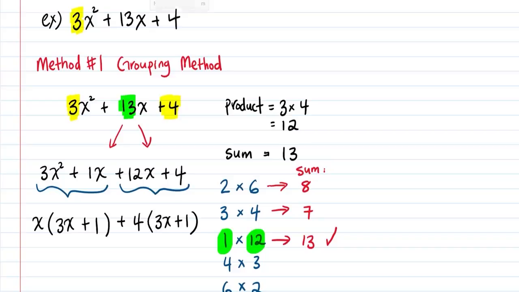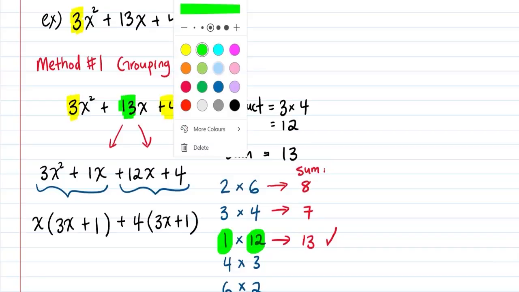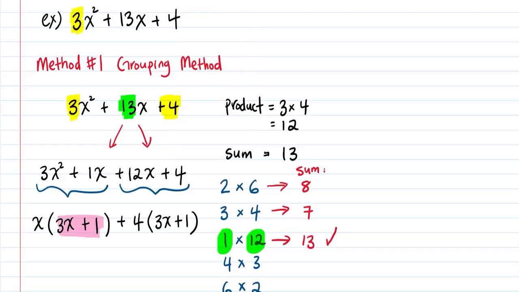If you look inside the brackets, it's actually not a coincidence that we have the same expression, 3x plus 1 and 3x plus 1. That is a hint that we are on the right track. So we're going to factor these two expressions inside the bracket as one factor, 3x plus 1.